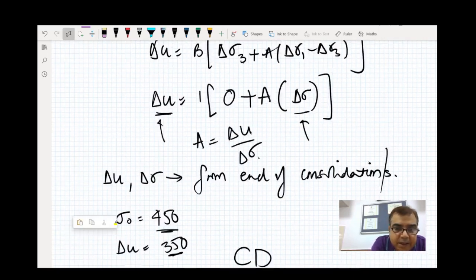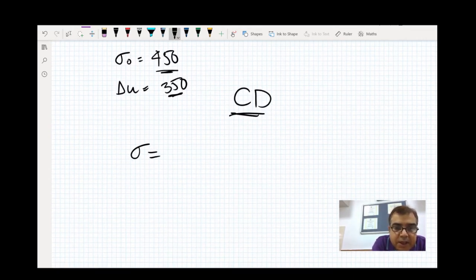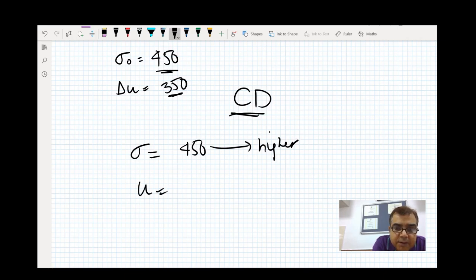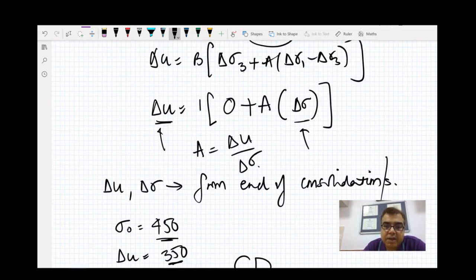So in my CD test, my sigma is going to change from 450, is going to go higher, but my pore pressure will always remain 350, always fixed, because I allow this water to drain against a 350 kPa, which acts like a reservoir or a datum.